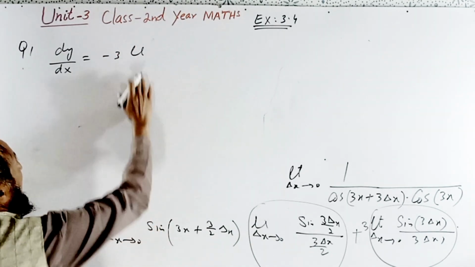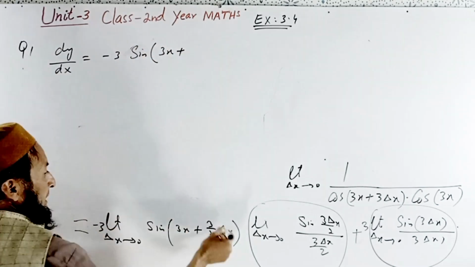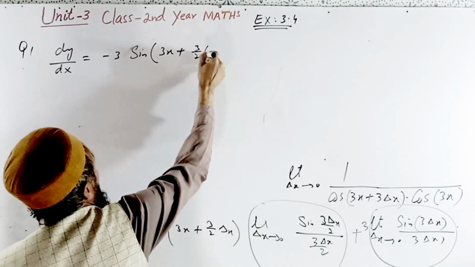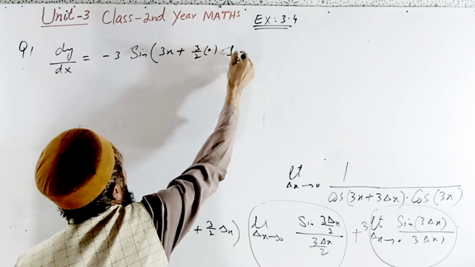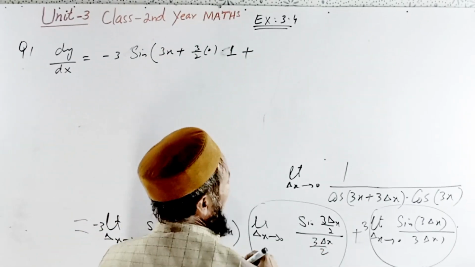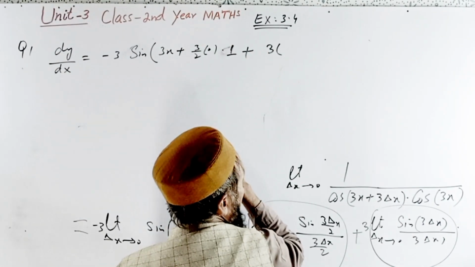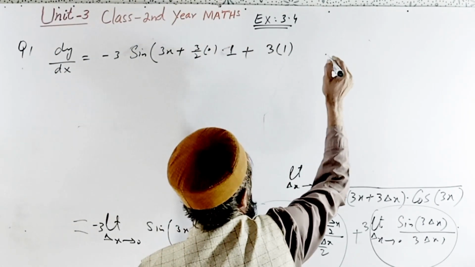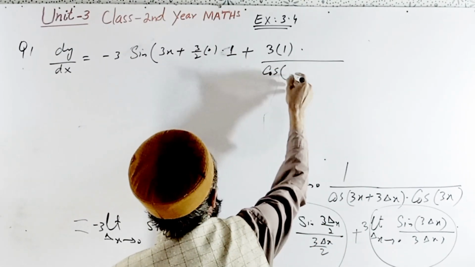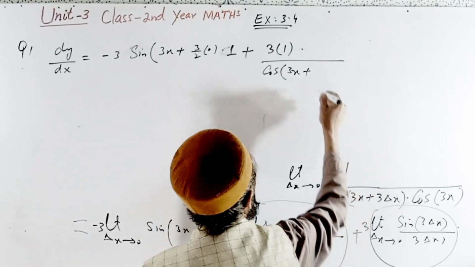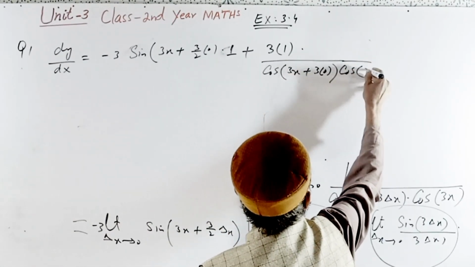If we apply the limit here, we get sine 3x, and we put here 3 by 2 and delta x to 0, plus the one we get here, and here also 1, and divided by this term is cos 3x plus delta x, in place of 3 delta x put 0, and cos of 3x.